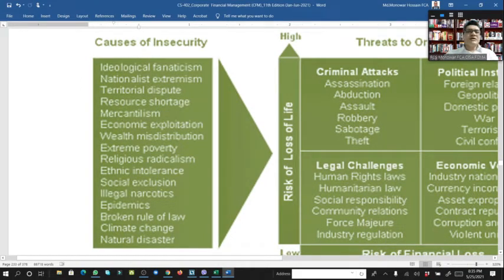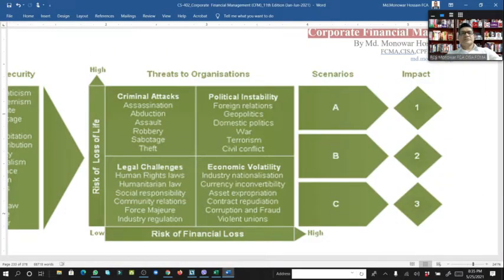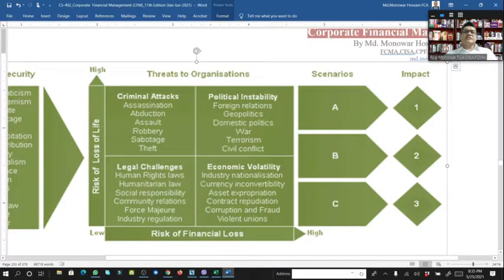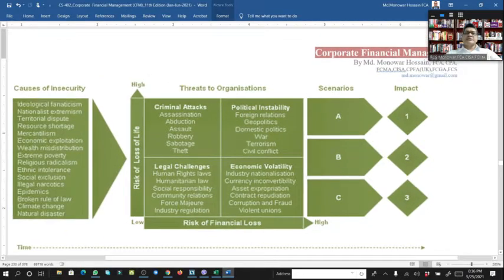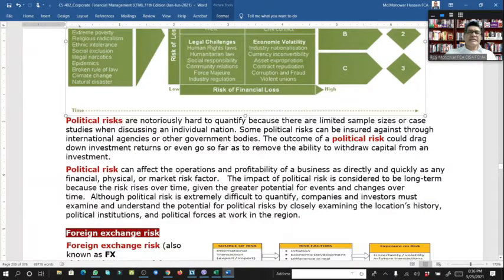Ideological fascism, nationalist expansion, territorial disorder, economic explosion, etc., poverty, social exclusion, and risks of loss of life, risks of financial loss, threat of organized crime, that means criminal attack, political instability, economic volatility, legal challenges, etc. is the basic. Also, if that type of factor exists within a country, then after analyzing that scenario, investors will not invest in that country.